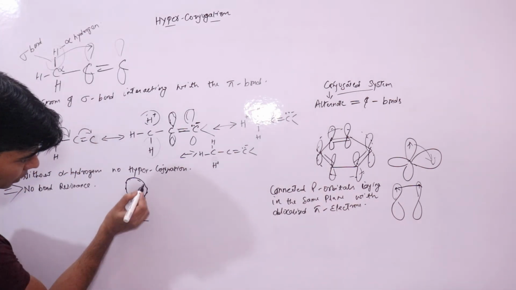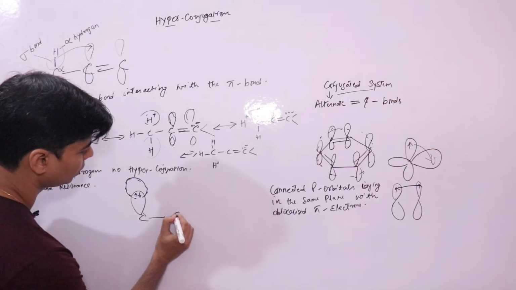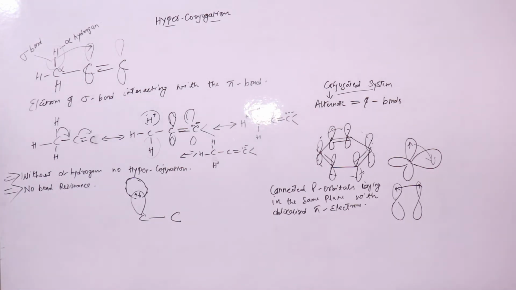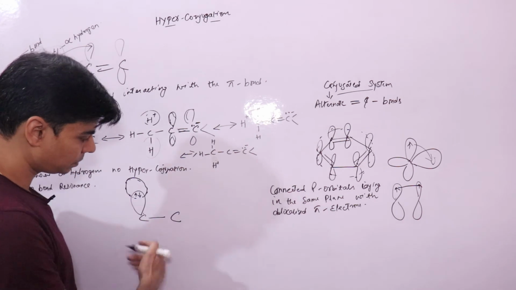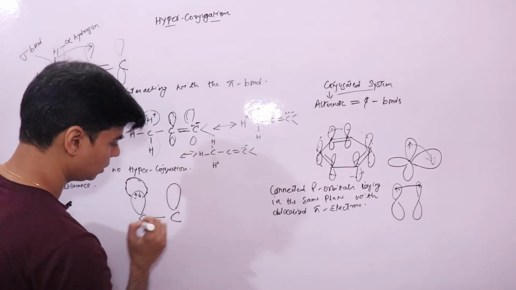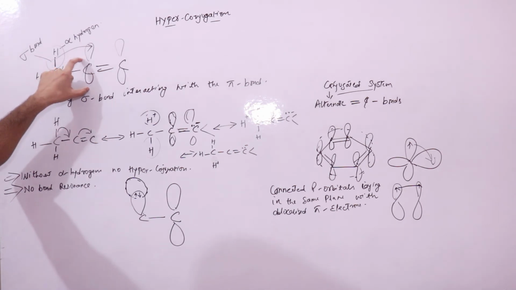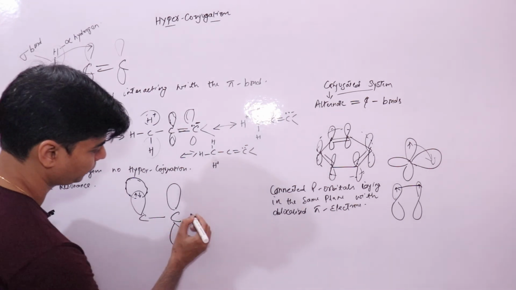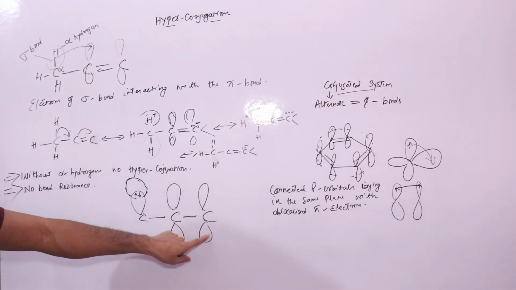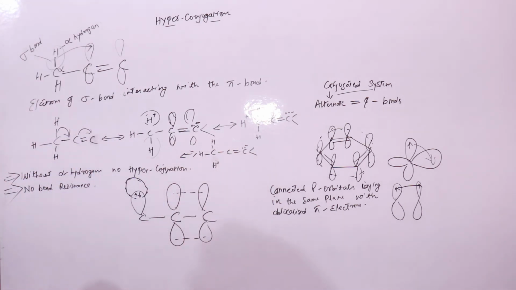This is a CH bond. Now adjacent to it you have this carbon of the double bond. Suppose this is a carbocation, or let's say it's a carbon. You have a p orbital here, the p orbital of this carbon atom. Between these two you have a pi bond.